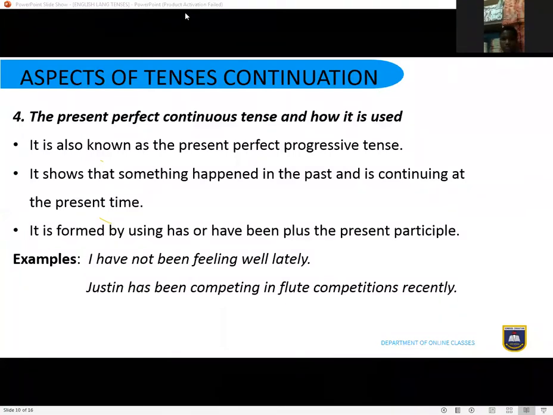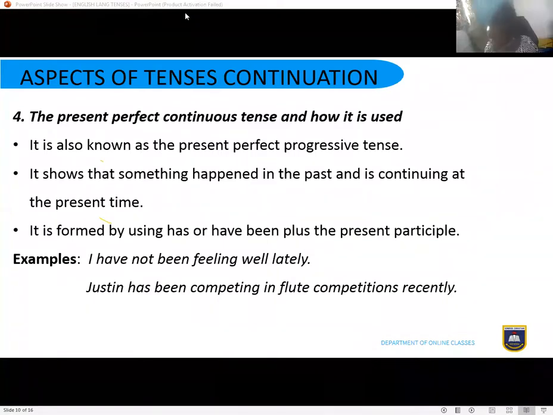The present perfect continuous tense is also known as the present perfect progressive tense.